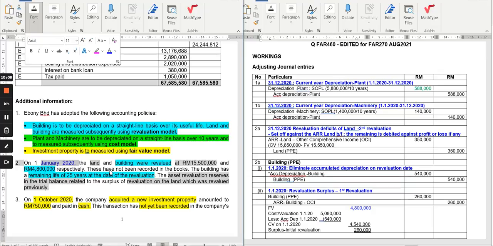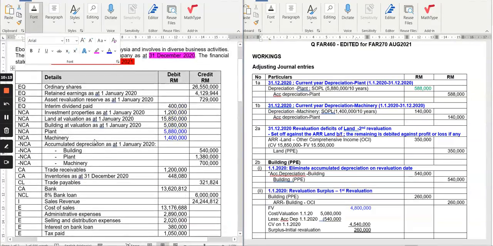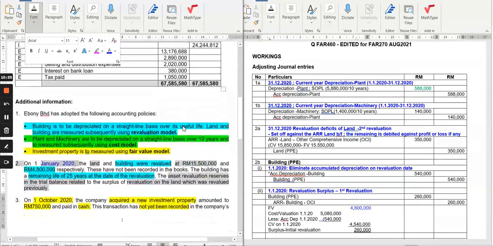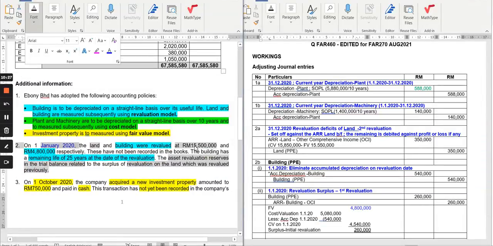The first thing you need to do, if it's for land, no problem, you just compare the land which is at valuation, meaning that it has been revalued before. That's why you have land at valuation. It was 15,850, no depreciation, right? And that has to be compared, I'm doing it for land, with 15,500.